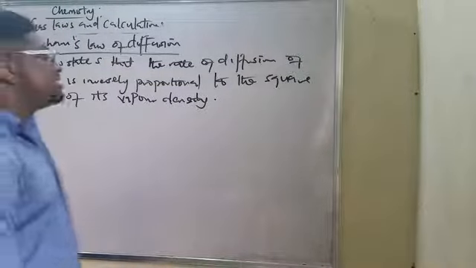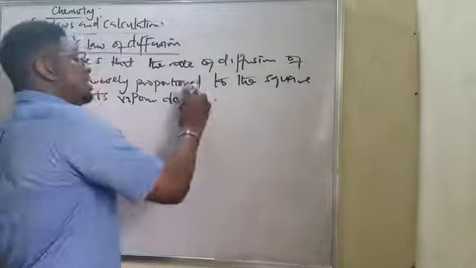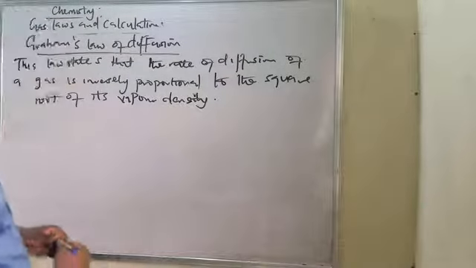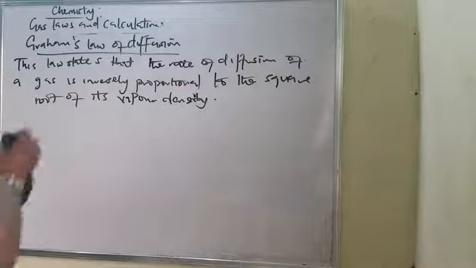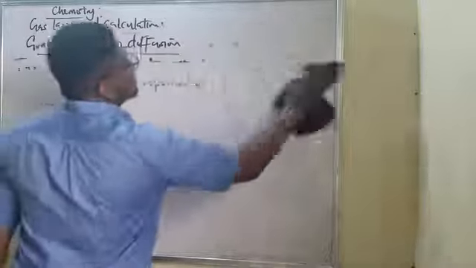Some will say density, some will say molecular mass. I will explain as time goes on which of these you can actually use and how you can use it. So what Graham is saying mathematically, let's quickly have, I believe we have this already.